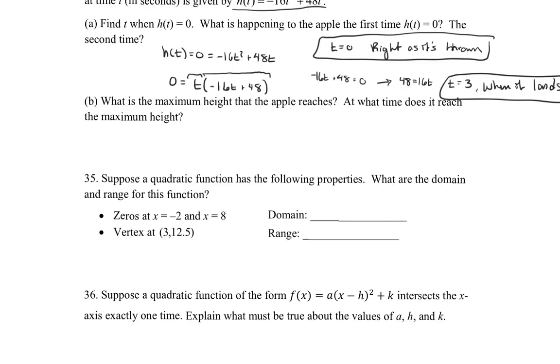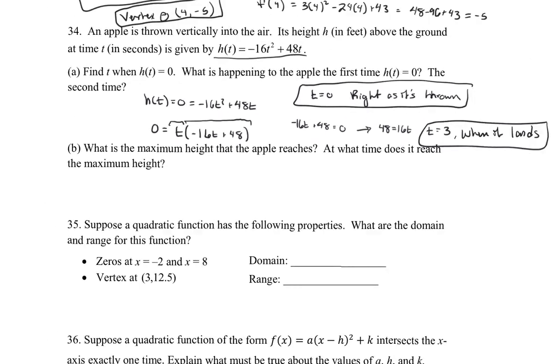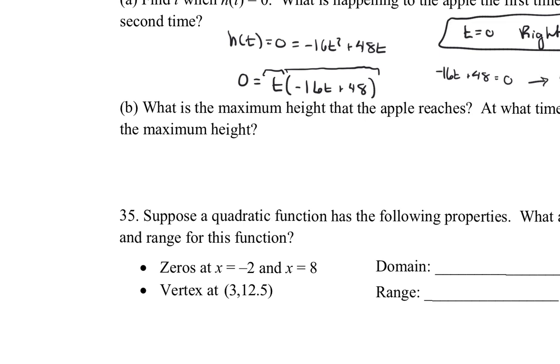Next, we want to know what the maximum height that the apple reaches is and what time it reaches that. So to determine that, we want to look between our two zeros. So our vertex is going to occur between the two zeros, just at the average, 3 plus 0 over 2, that gives us 1.5. Now h of 1.5 is equal to negative 16 times 1.5 squared plus 48 times 1.5.